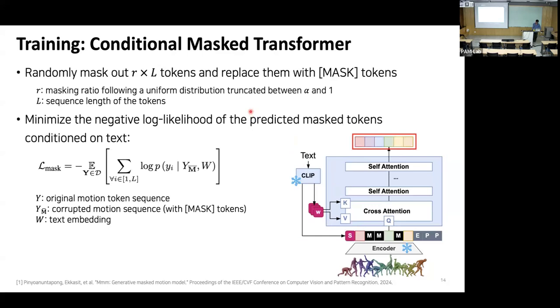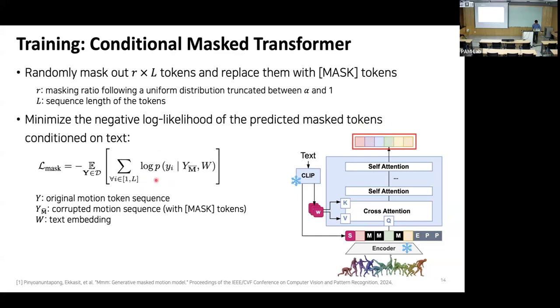For mask modeling, they randomly replace R times L input motion tokens with the mask tokens, where R is the masking ratio following a uniform distribution and L is the sequence length of the tokens. Then they train the text-conditioned transformer by minimizing the negative log-likelihood of the predicted mask tokens here.